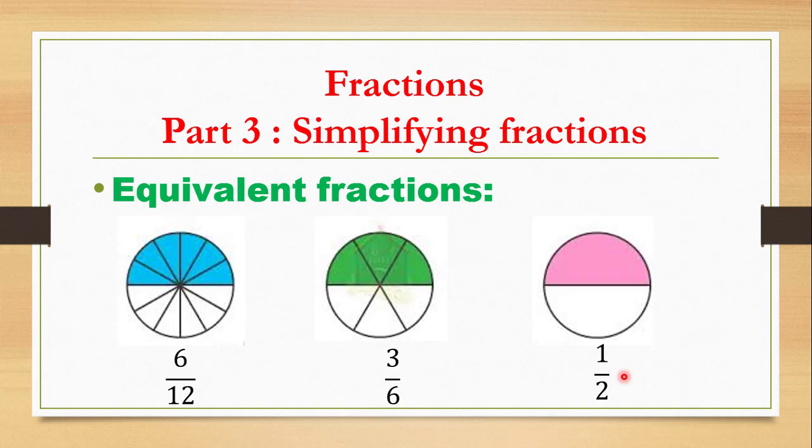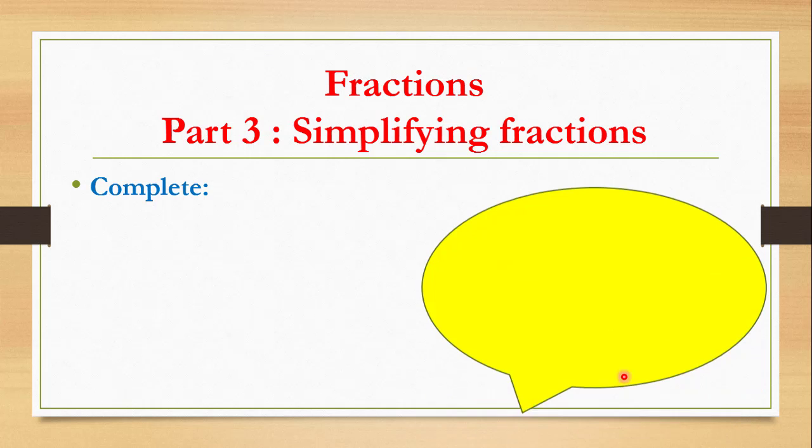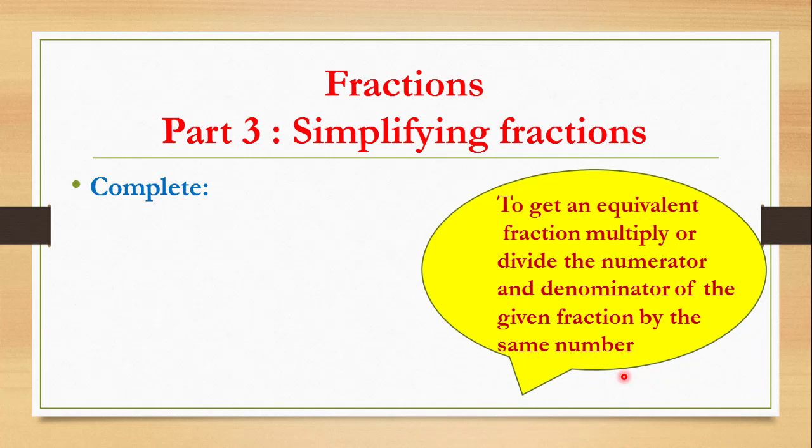Okay, if you want to get an equivalent fraction, we just multiply or divide the numerator and denominator by the same number. Let's take an example: 3/5. I want to get an equivalent fraction to 3/5. The first case, I want to multiply, so let's choose any number.